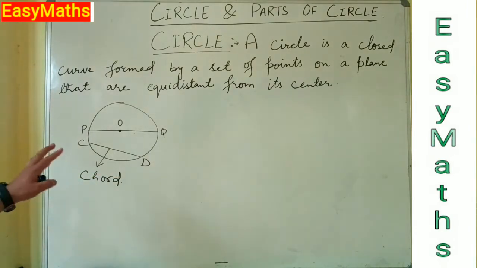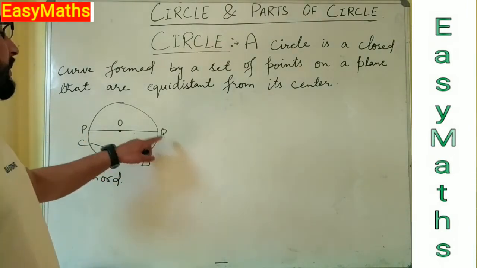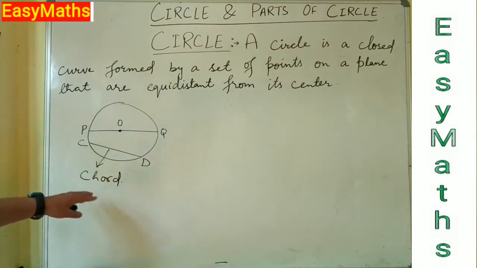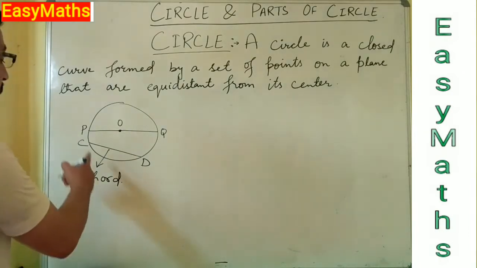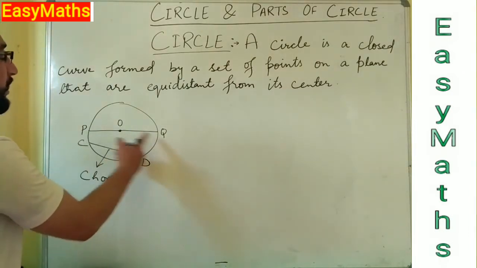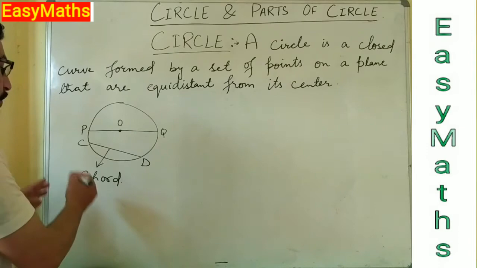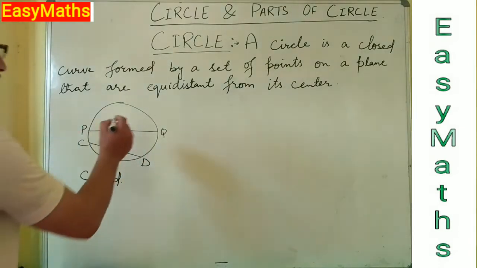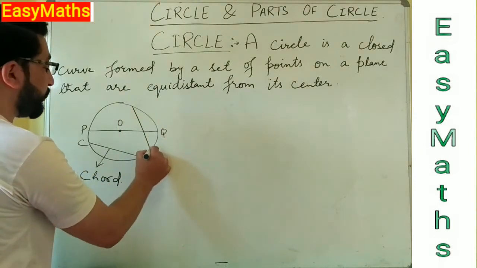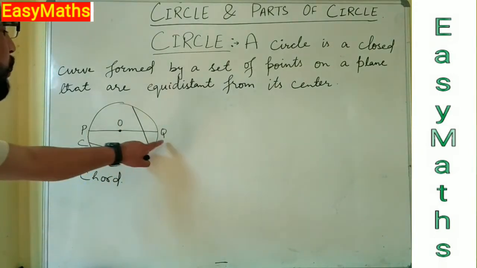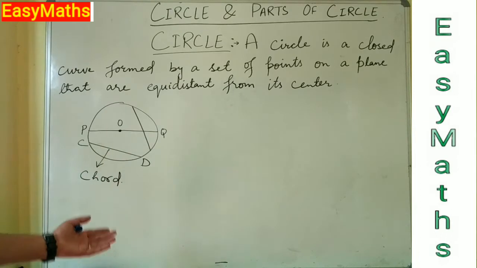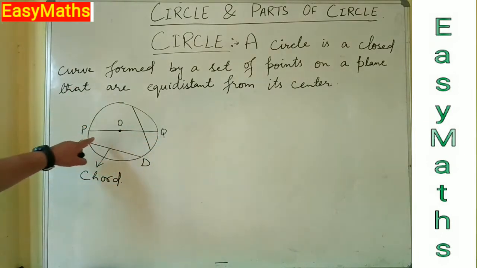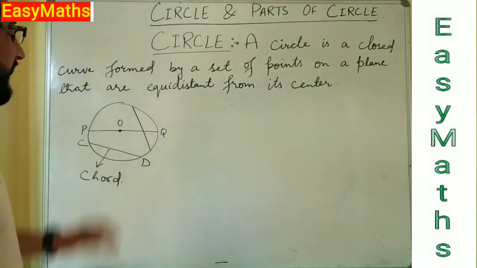So PQ is a diameter, but the diameter is also the longest chord of a circle. Here CD is a chord, and PQ is a chord as well. PQ is a diameter, but it is a chord as well. So the line that touches the circle at two points is a chord. But that chord which passes through the center of the circle is called the diameter.